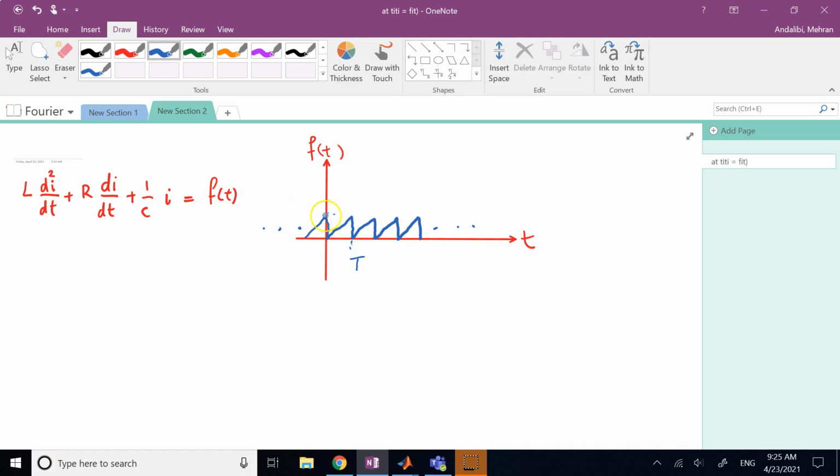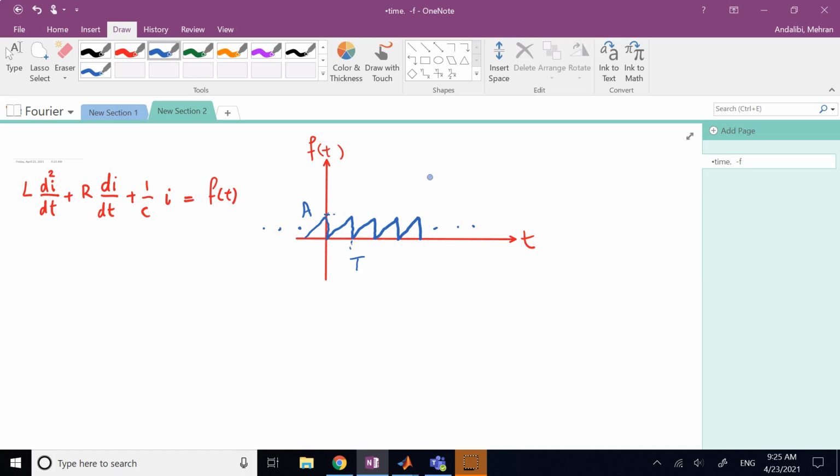Some people might say 1 over T, it doesn't matter, it's just a normalization. So some magnitude, let's say A. So that's my function. A periodic function is a line basically with the slope of A over T between 0 to T, and then it goes down to 0, and then again it repeats itself.